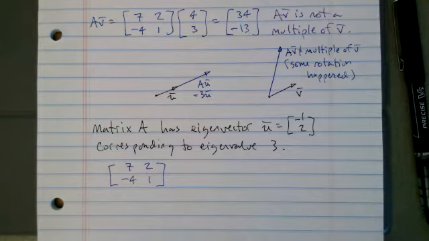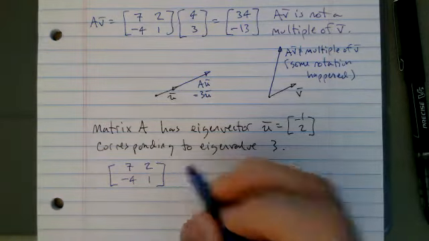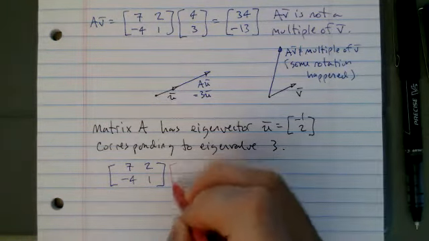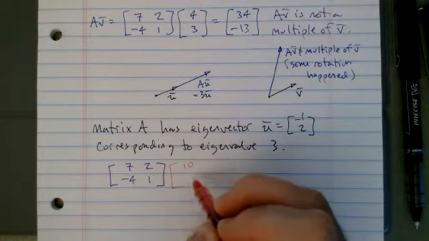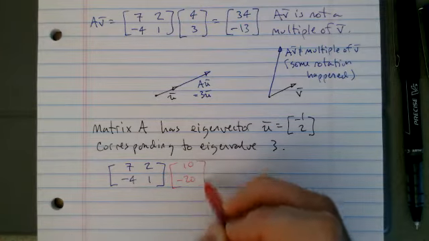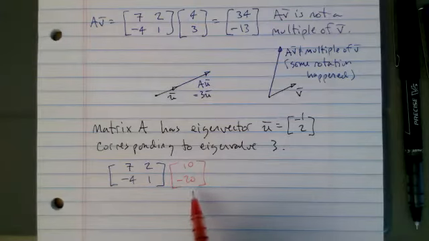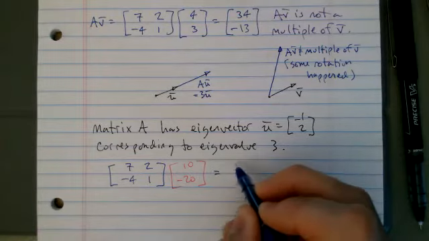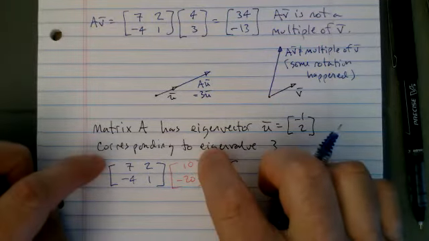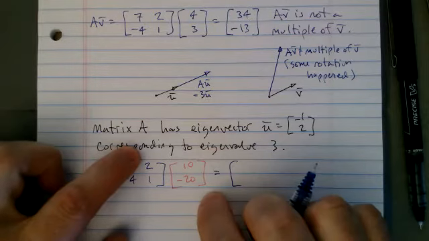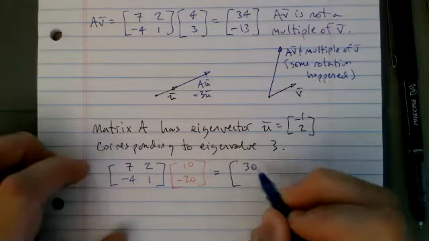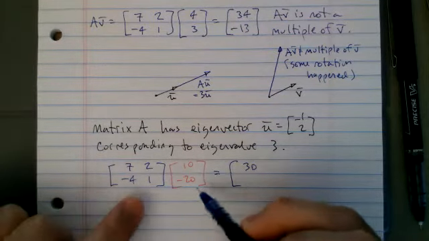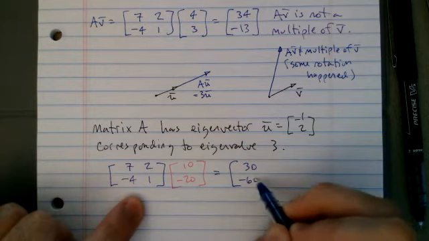So if I start with some different vector, say 10 and -20, so I just started off with 10 times that vector U, then we end up with 70 minus 40 is 30, and -40 minus 20 is -60.